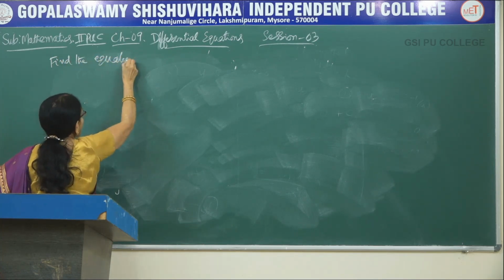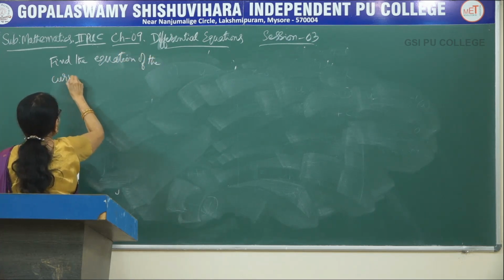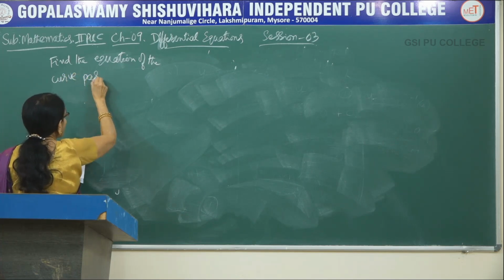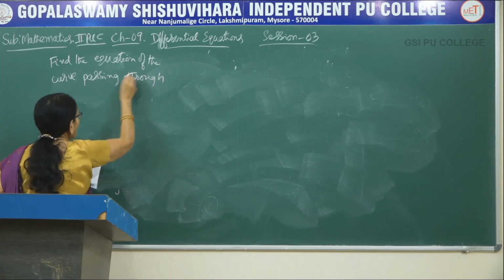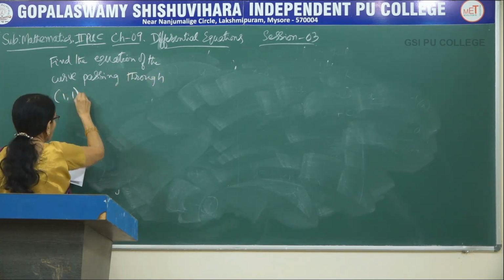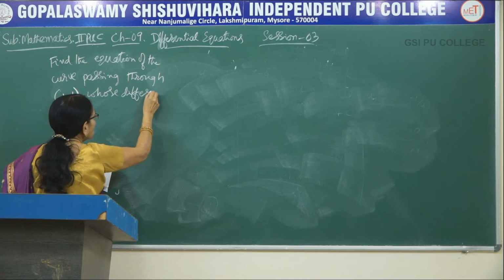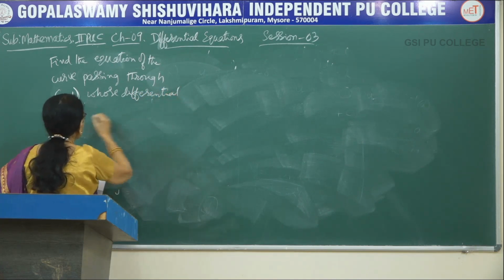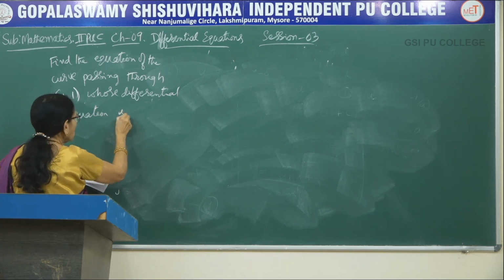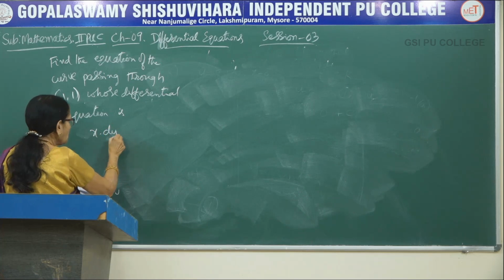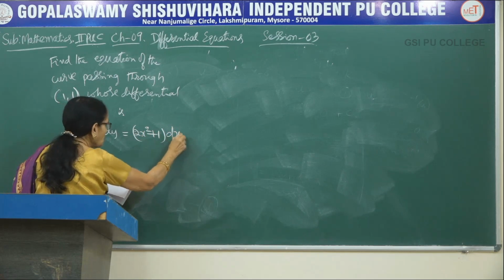Find the equation of the curve passing through the point 1 comma 1 whose differential equation is x into dy is equal to 2x square plus 1 into dx.